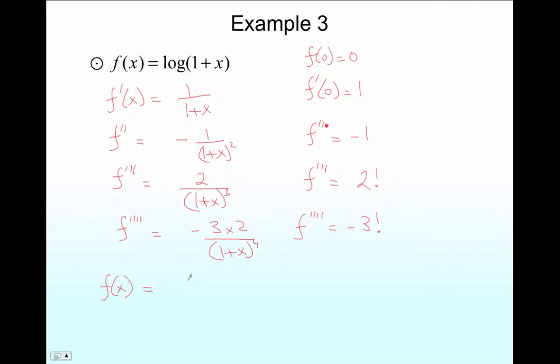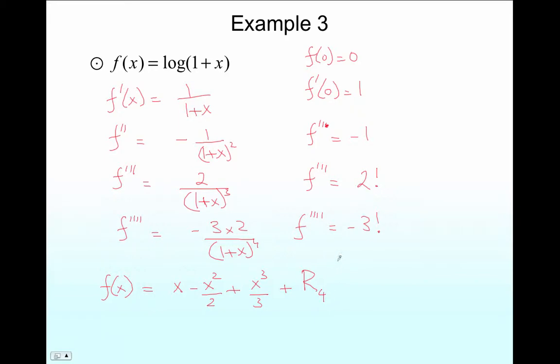F of x is then just equal to x minus x squared over 2 plus x cubed over 3. And of course, we could go beyond it. The pattern is very clear. The next term will be minus x to the 4 over 4. But let's stop here and write this in the form of R4.